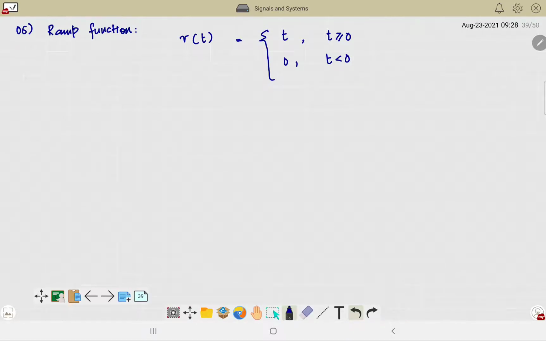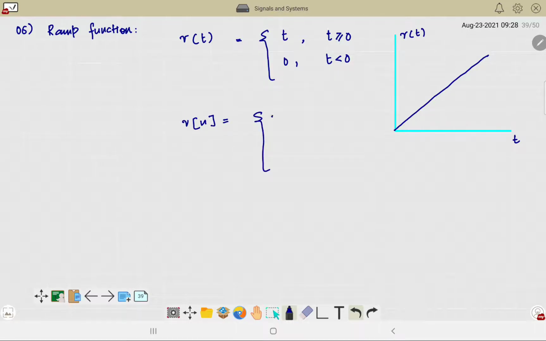And I'm sure you must have seen this signal a lot. So it is graphically shown like this. This is t, this will be r of t, and this is the ramp. Fine. And you can have a similar kind of definition in the discrete time domain, where r of n will have a value of n for n greater than or equal to 0, and 0 for n less than 0.